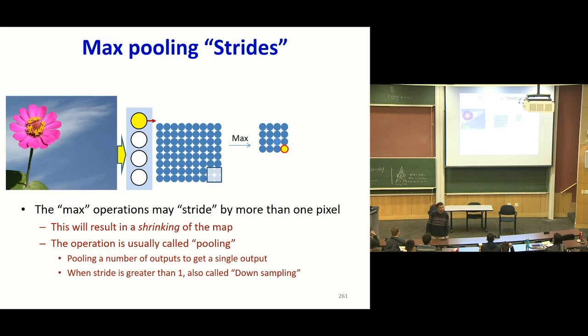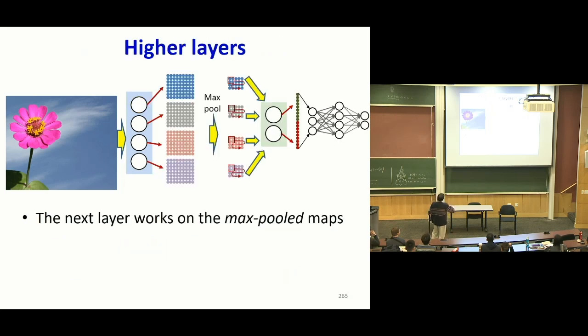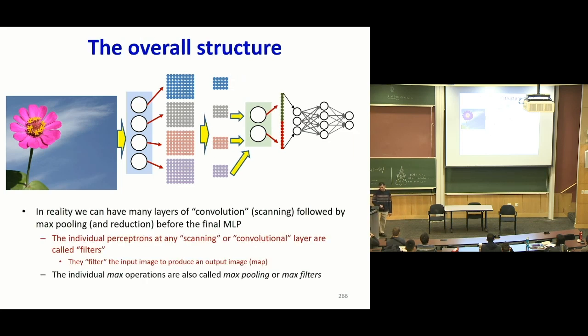It's not uniform downsampling. You're picking the max within each region, but it's a downsampling. And then the subsequent higher layers work on these max pooled layers. And so the overall structure is going to look like this.